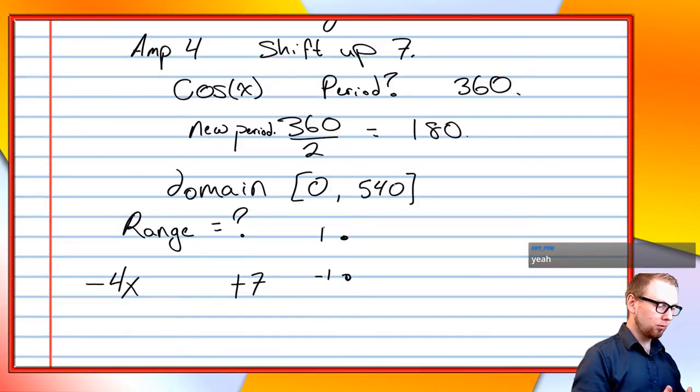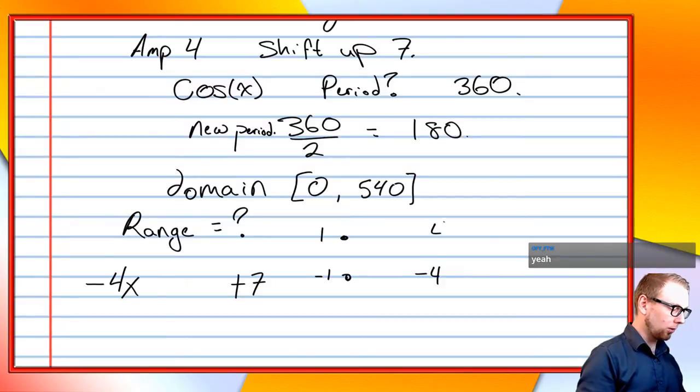So if we do the times -4 first, it's going to go from minus 4 to 4 now. If we add 7, seven plus 4 is 11, and then minus 4 plus 7 is 3. So our new range is from 3 to 11.